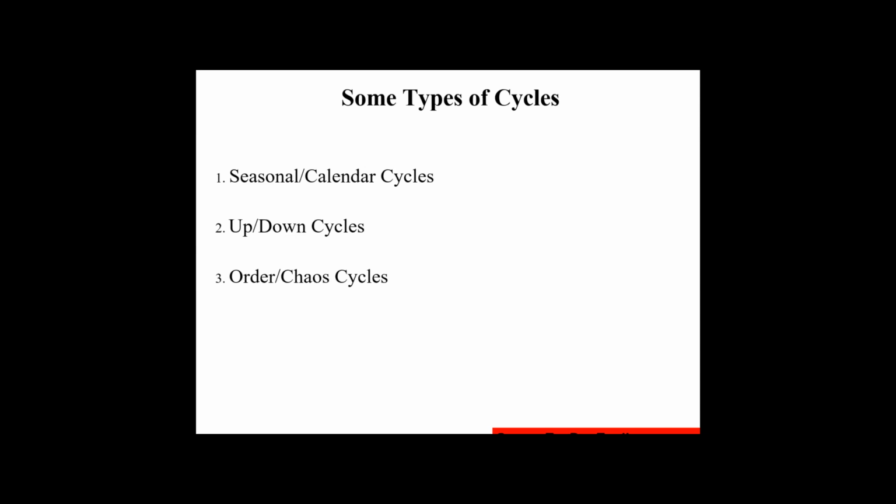I hardly ever hear anybody talk about order-chaos cycles, but they are really, really important. You might have experienced this in your trading journey: you've made some money and then given some back. Made some money, given some back. Made some more money and given even more back. I know I went through a period in my journey where that was happening. There's a famous book you've probably heard of called A Random Walk Down Wall Street.